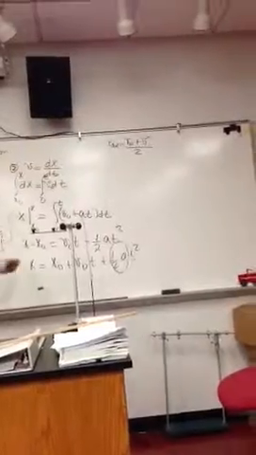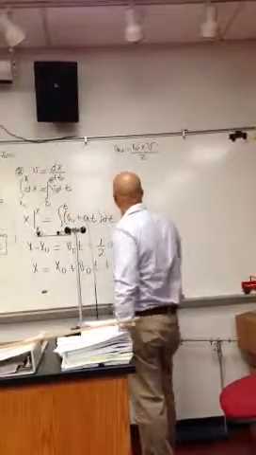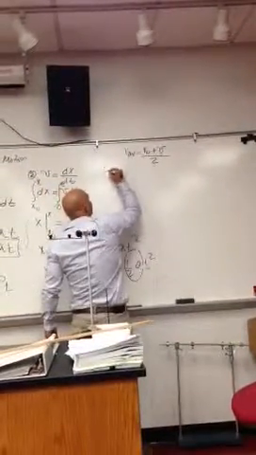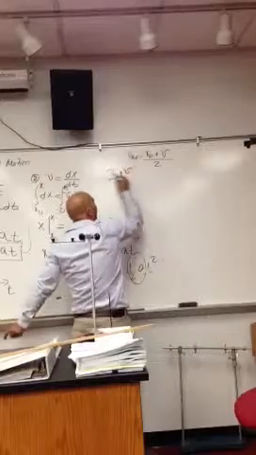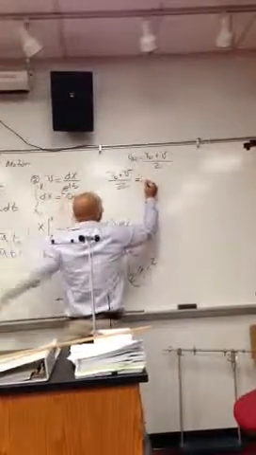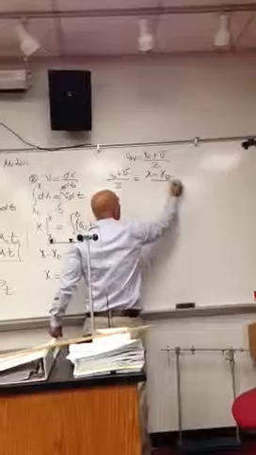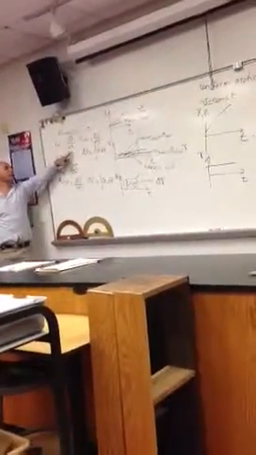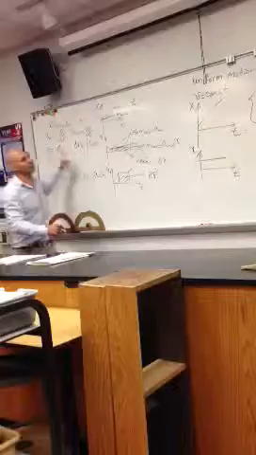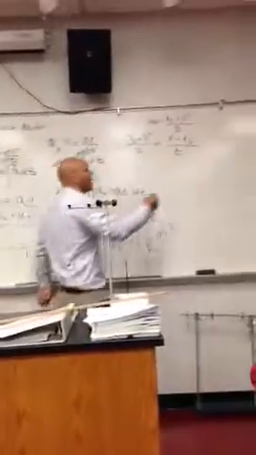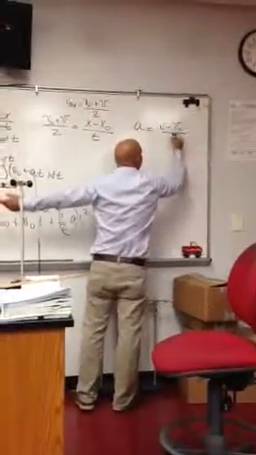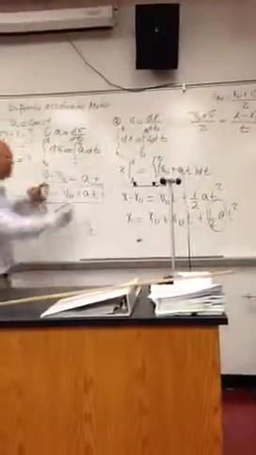Anyway, let's say that V average is (V0 plus V) divided by 2, and that is delta x over delta t, x minus x0 divided by t. V average is delta x over delta t, but V average is also the addition of both. On the other side, I have that the acceleration is (V minus V0) divided by t.